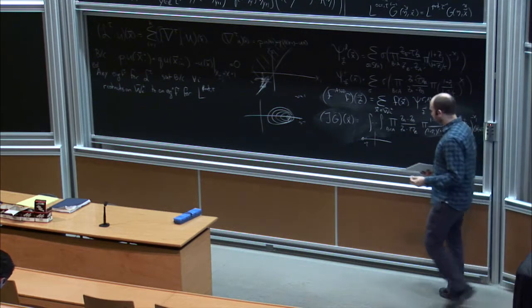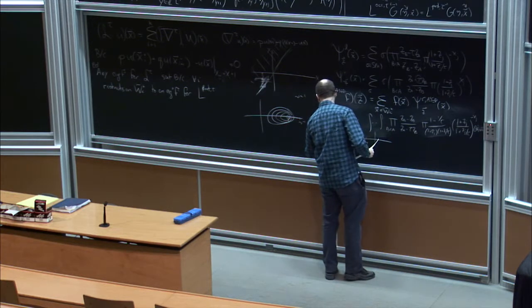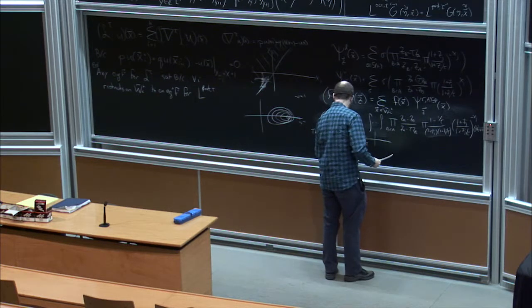Okay, and then the consequence is again that these two, f and j, are mutual inverses.